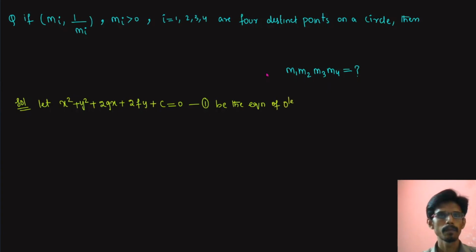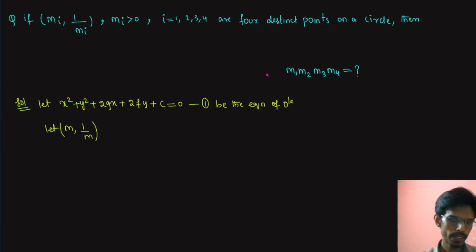Now we have 4 distinct points. If i is 1, I will get (m1, 1 by m1). If I take i equal to 3, I will get (m3, 1 by m3). Let the general point be (m, 1 by m). It lies on equation 1.